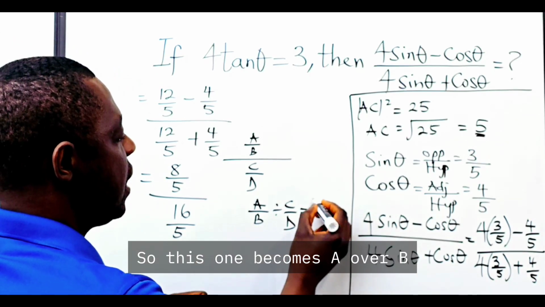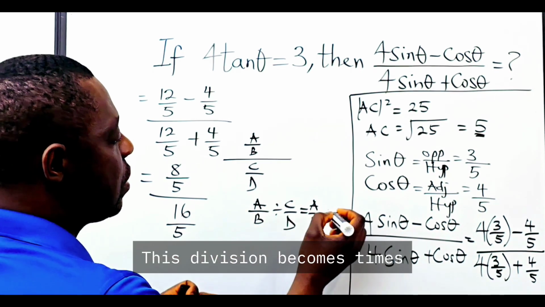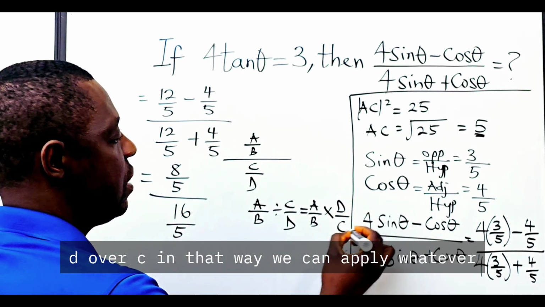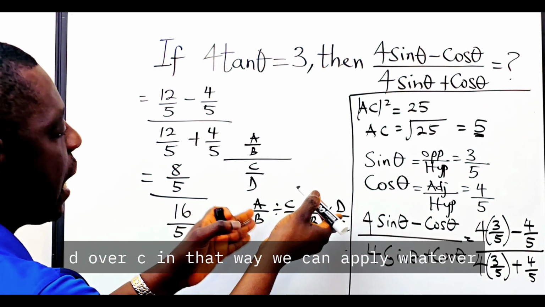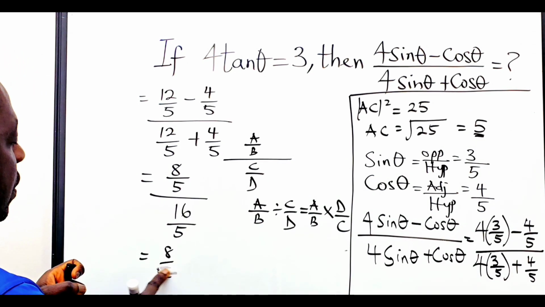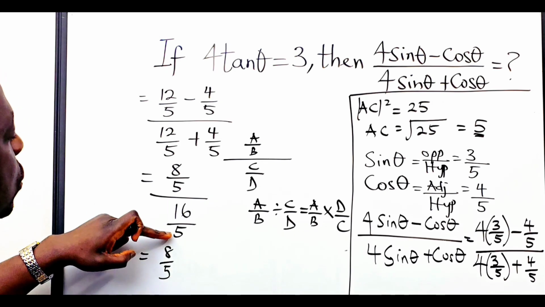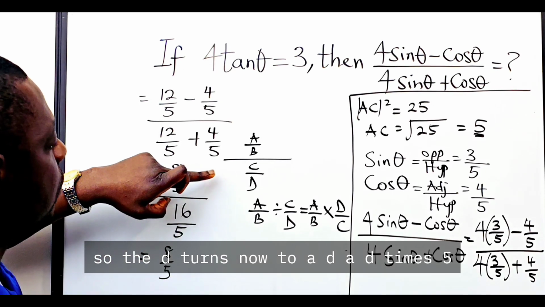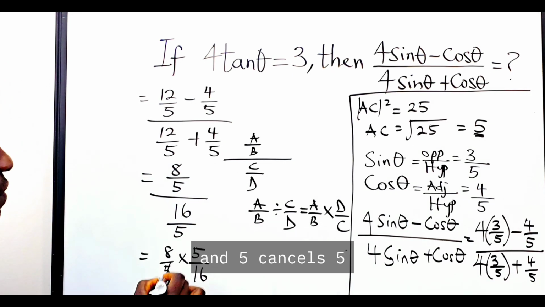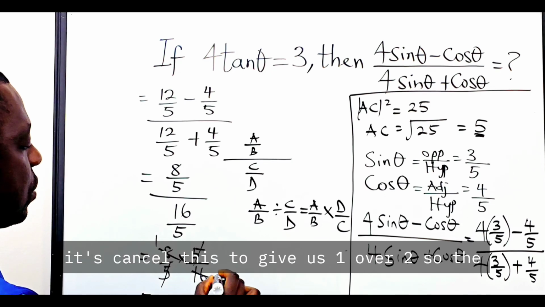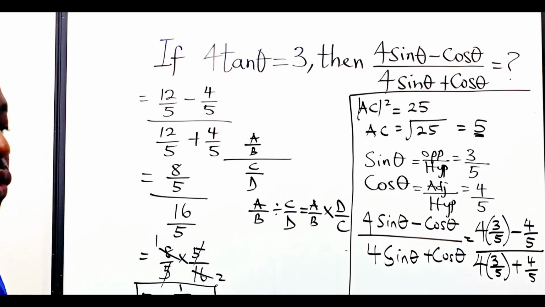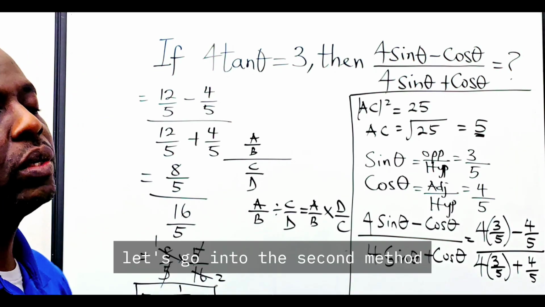So this one becomes A over B, and this division becomes times D over C. In that way, we can apply it here, and this one becomes 8 over 5 times 5 over 16. And 5 cancels 5, and 8 cancels to give us 1 over 2. So the answer to this is 1 over 2.